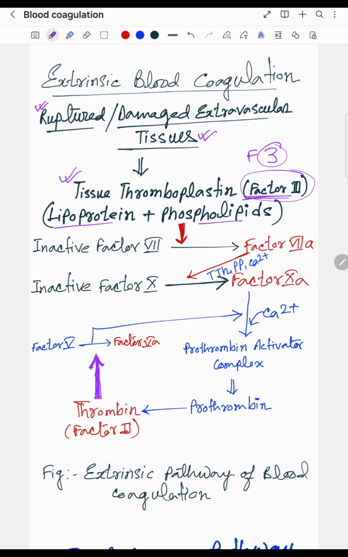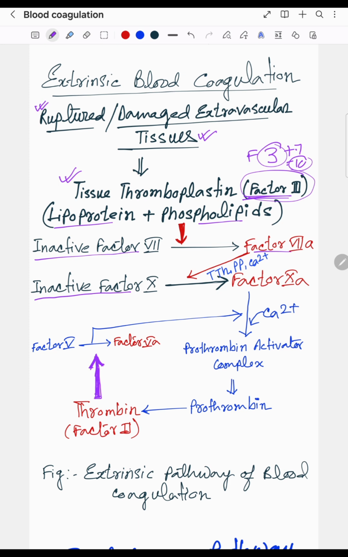So factor 3, whenever it gets activated, it will activate factor 7. So inactive factor 7 gets activated in presence of factor 3. Okay, next step is the activation of 3 plus 7 is equal to 10. So next step is activation of factor 10.